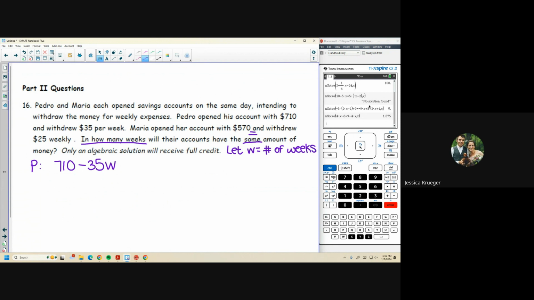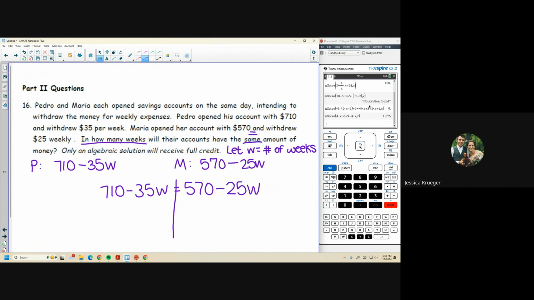Okay, so there's Pedro. Who is the second person? Maria. She had $570 and she is withdrawing $25 per week, which means 25W. In how many weeks will their accounts have the same amount of money? So I want Pedro's 710 minus 35W to equal Maria's 570 minus 25W.